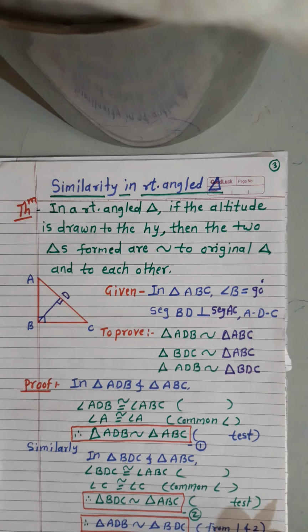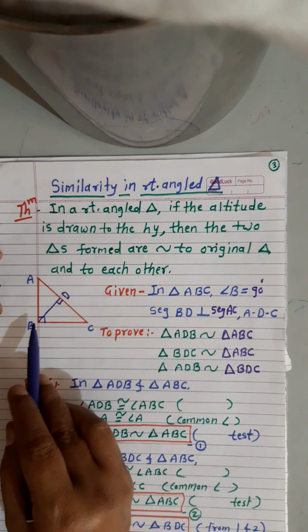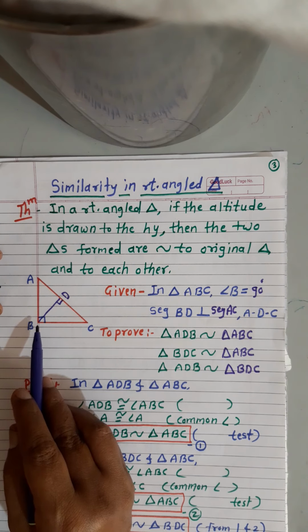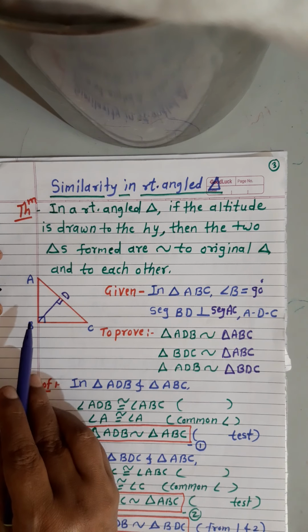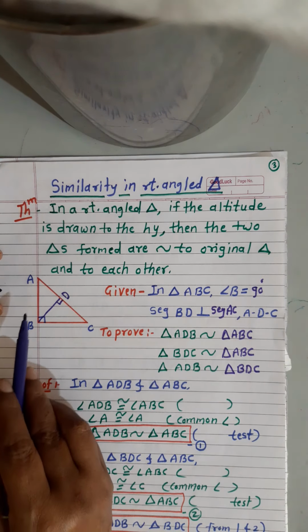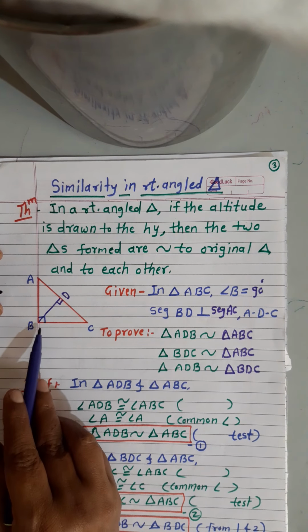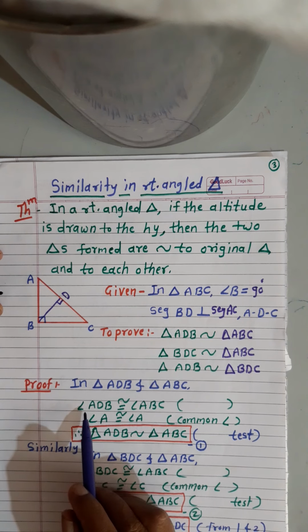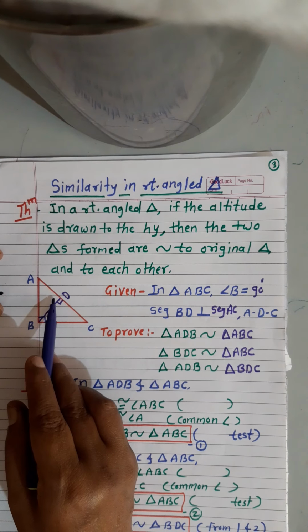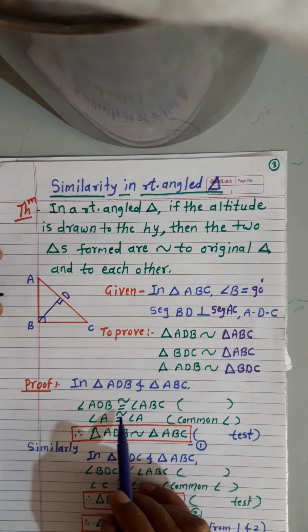Very easy proof. See, proof: in triangle ADB and in triangle ABC. Now see, the sequence you have to remember. Write down in this way only. In triangle ADB and in triangle ABC, angle ADB and angle ABC are congruent.